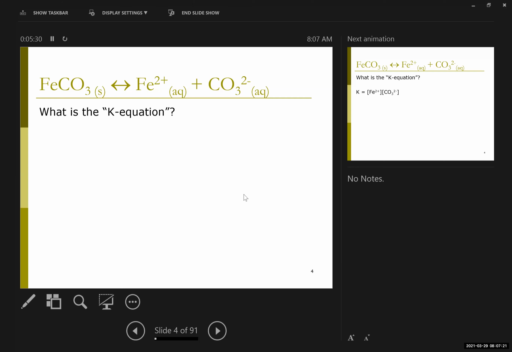You'll notice right off the bat, I have hidden water. By which I mean the water itself is not participating in the reaction, but since this is a dissolving reaction, I'm going from being solid iron carbonate to aqueous ions. And so there is water there, but I do not include the water as part of the balanced equation because it's not participating in the reaction itself. It's just the solvent.